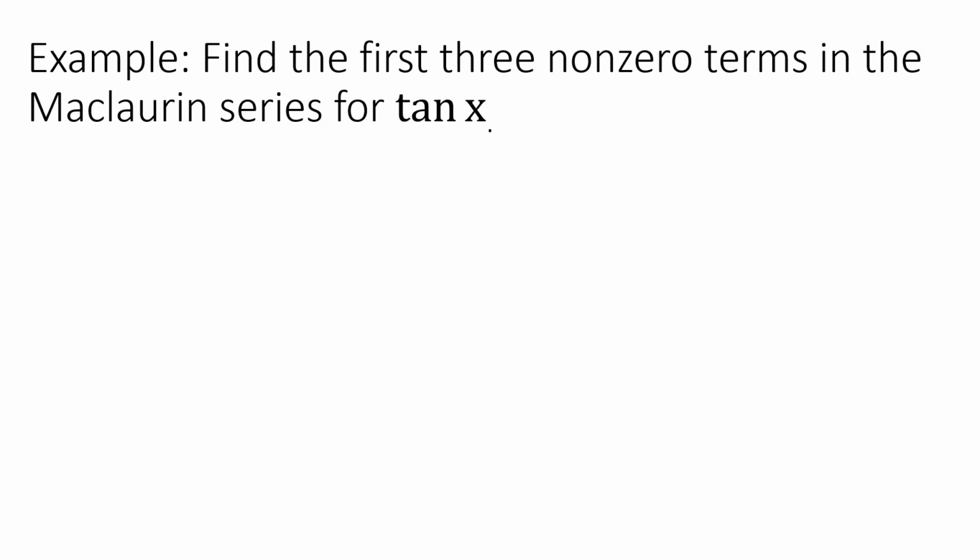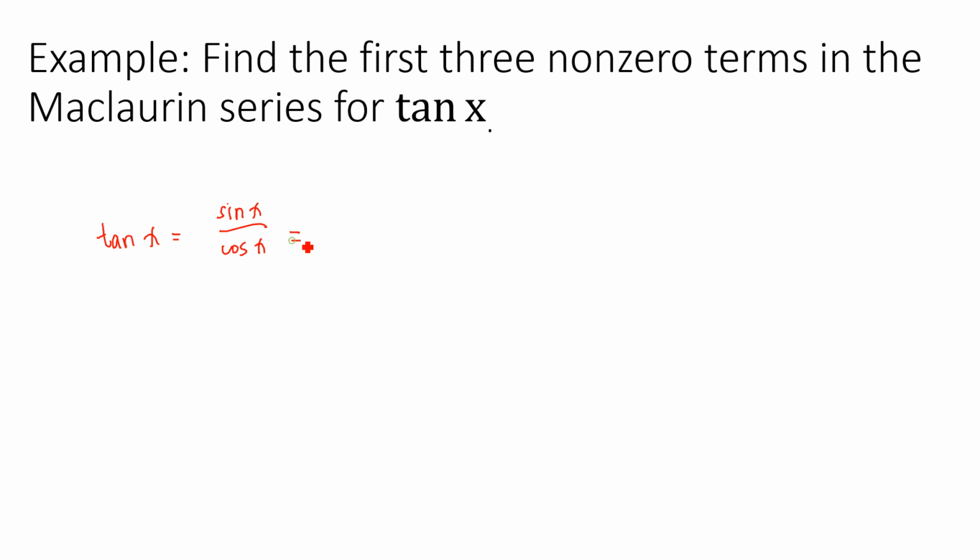Okay, so let's find the first three non-zero terms in the Maclaurin series for tangent x. So for this case, since this is tangent x, we are going to use the identity of tangent x. So here, the tangent x is just equal to sine x over cosine x, which we have the series of sine x and cosine x.